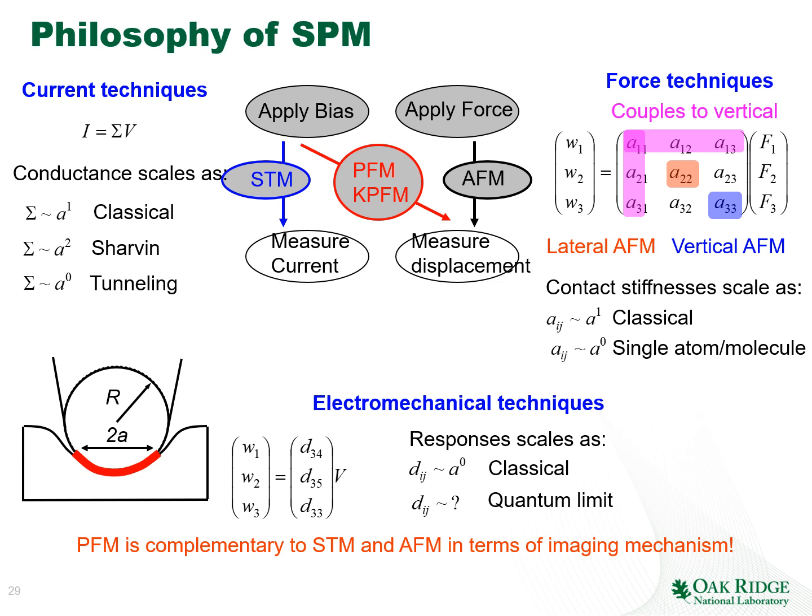The only problem is that due to the specificity of the AFM cantilever, we cannot really measure the contributions of the signal that fall along the cantilever axis. So as a result, we practically can measure only the lateral and vertical AFM signals. So we measure only specific elements of this matrix.